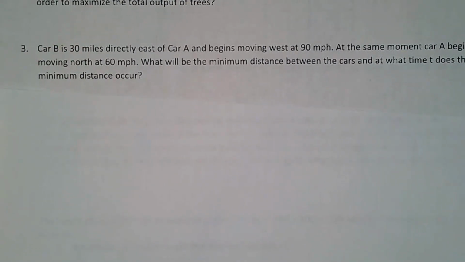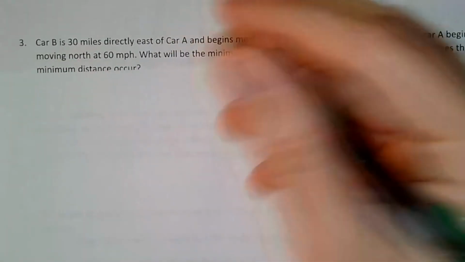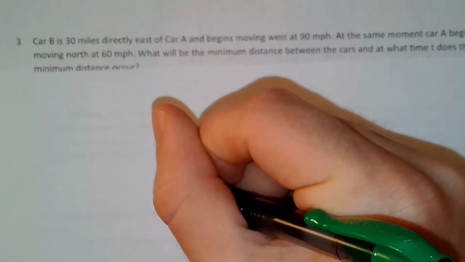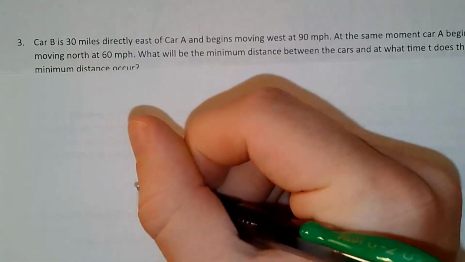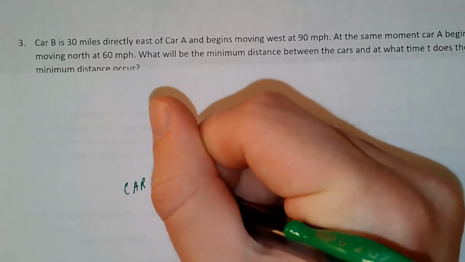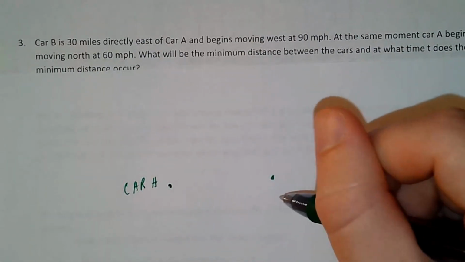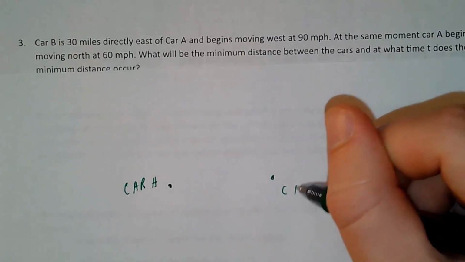So we're starting with 2 cars. Let's say car A is right here. And we know car B is 30 miles east of car A. This must be car B over here.